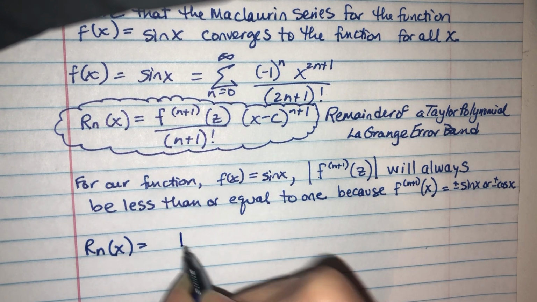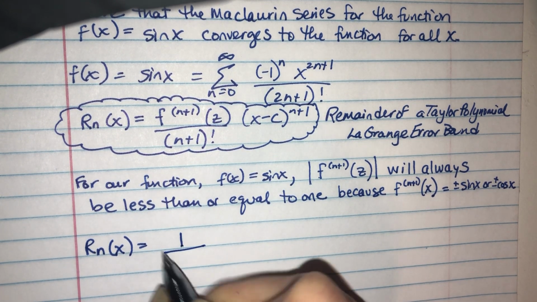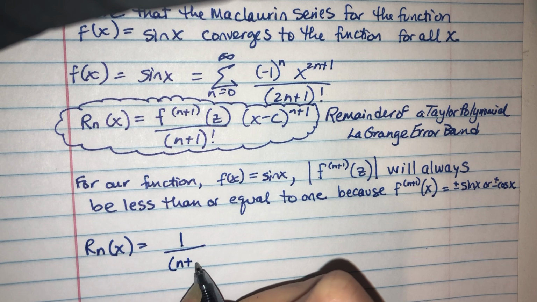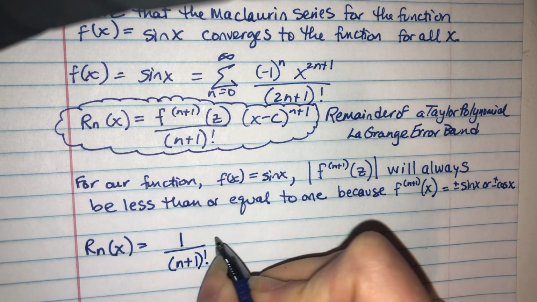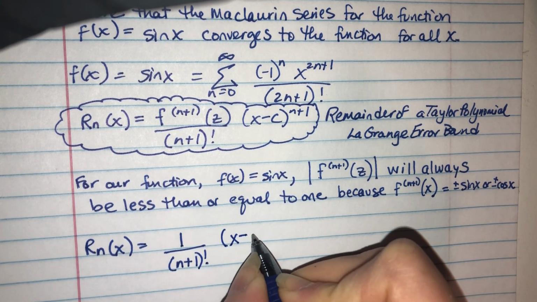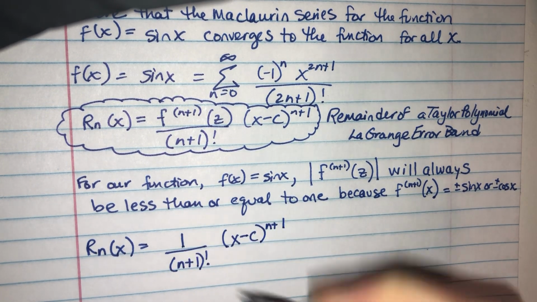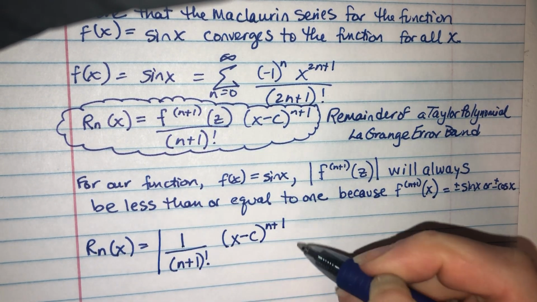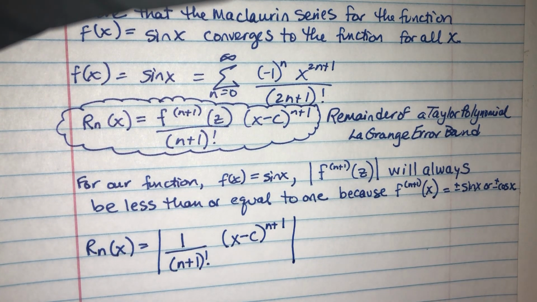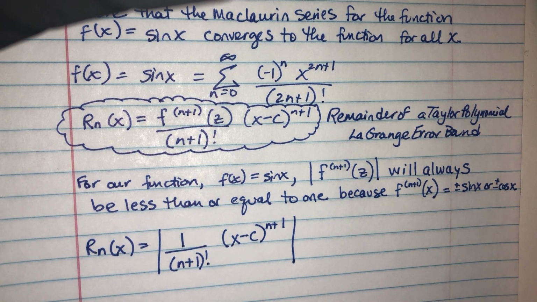And we're going to say that the most it could be is 1 over n plus 1 factorial times x minus c to the n plus 1. We're doing this in absolute value bars because we're trying to figure out what the biggest value of the error could possibly be, the amount of remainder that we could have on this Taylor polynomial.